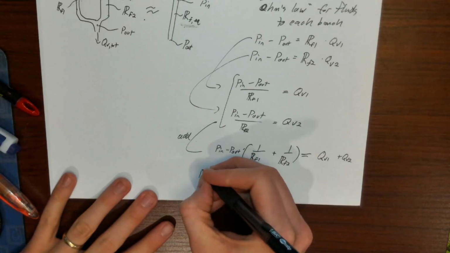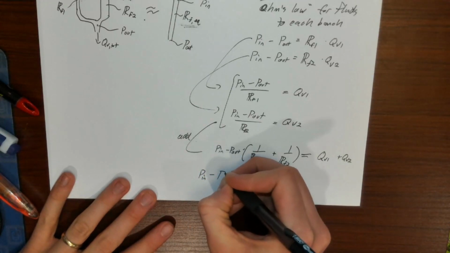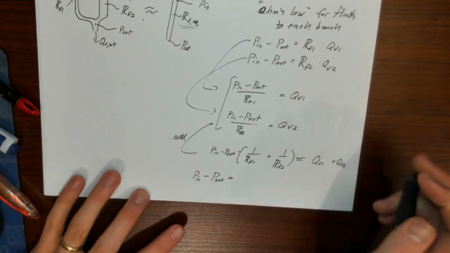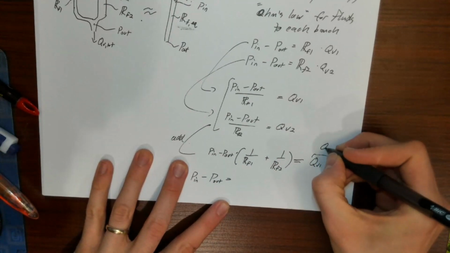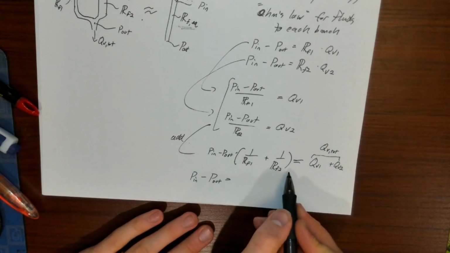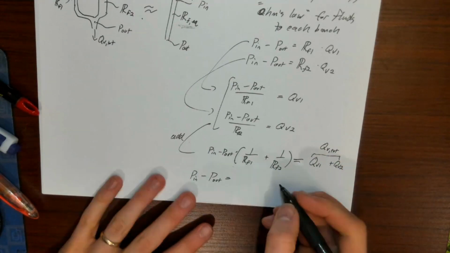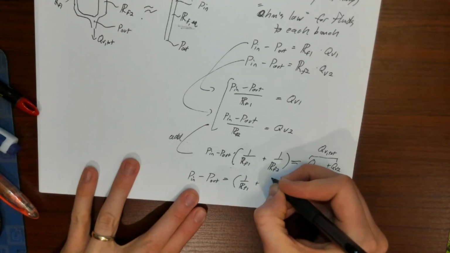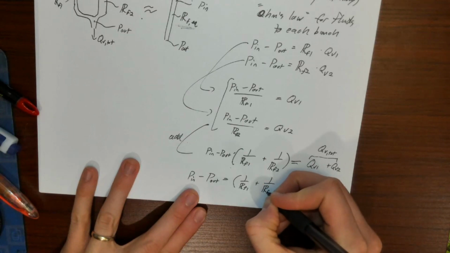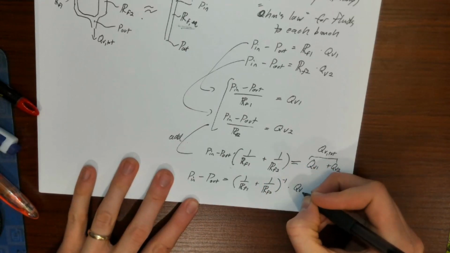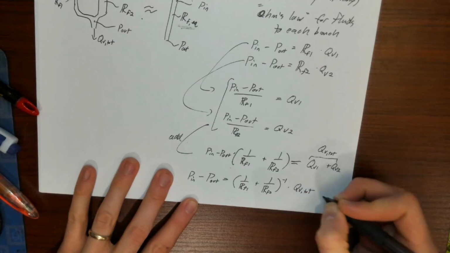So what does this mean? P in minus P out, well, we can replace this with QV total, and then we can divide both sides of the equation by this right here. So we end up with 1 over fluidic resistance for 1 plus 1 over fluidic resistance for number 2, to the minus 1, times QV total.